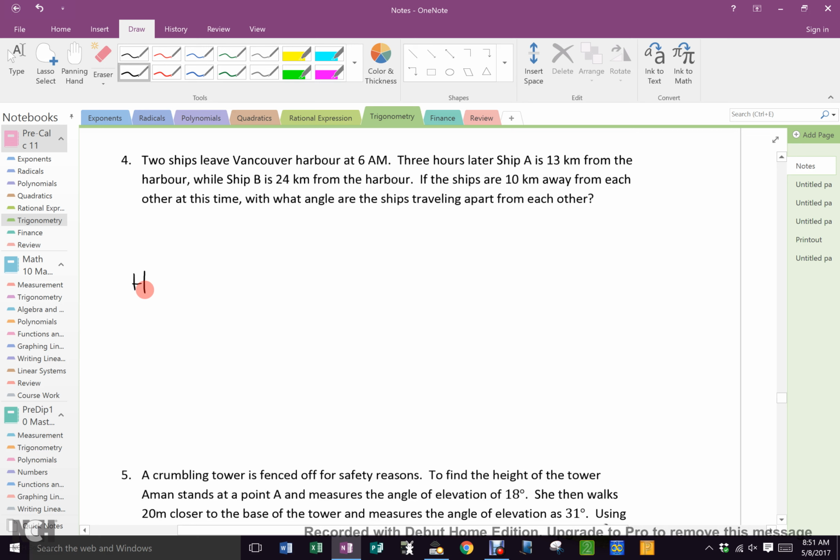Start from the harbor. Ship A goes how far? 13. Ship B goes how far? 24. Right? That would make this 10, correct? Everybody good? And that makes this C, yes? Won't matter. So since I need the angle, this is a cos C situation, yes?